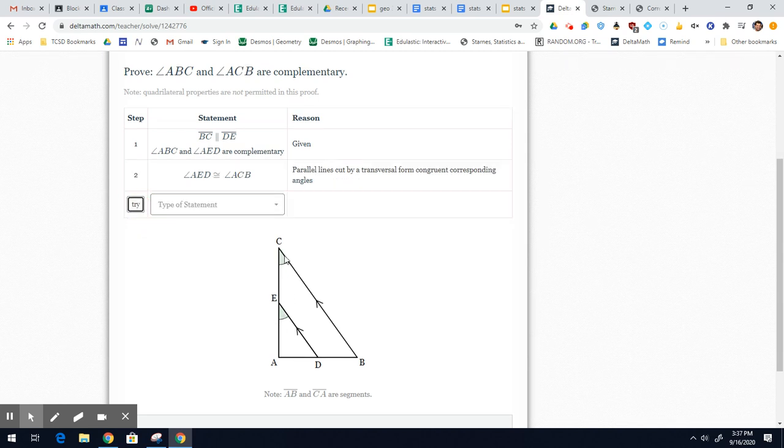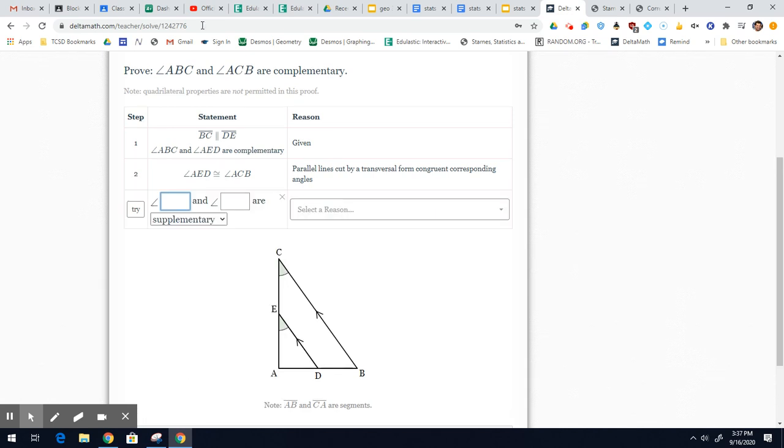So now these two are congruent. And again, if AED is complementary to angle B, then ACB is also going to be complementary to B because these are congruent. We can just substitute one for the other. So we're done. Angle ABC and angle ACB are complementary.